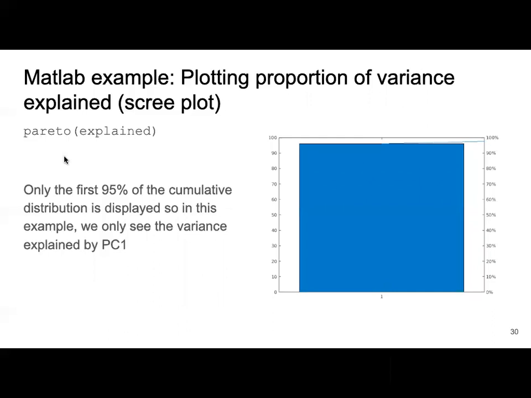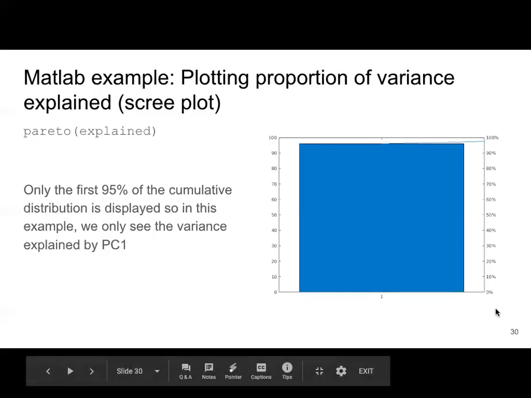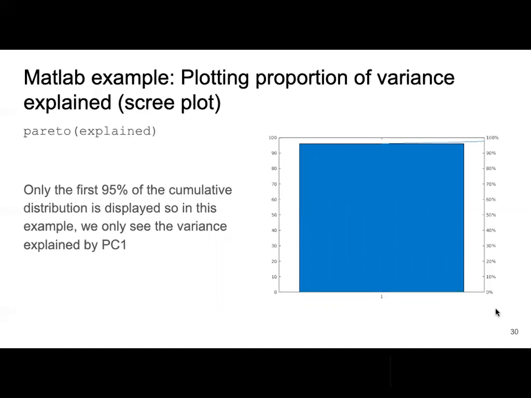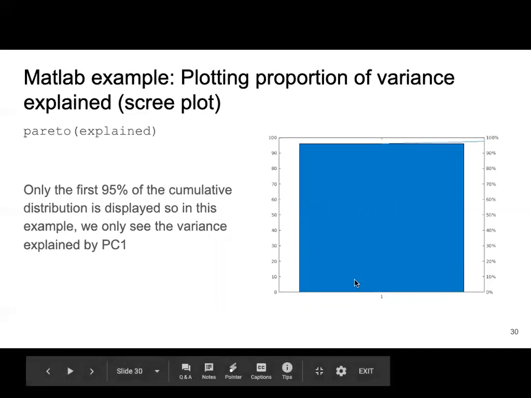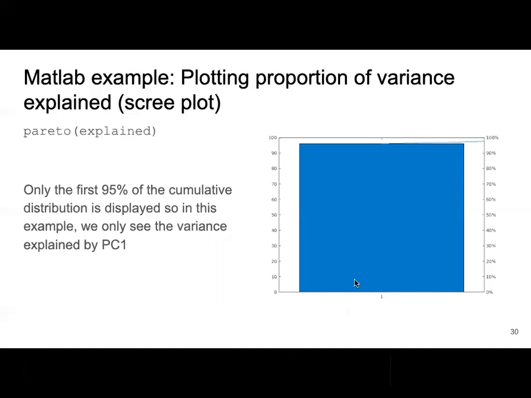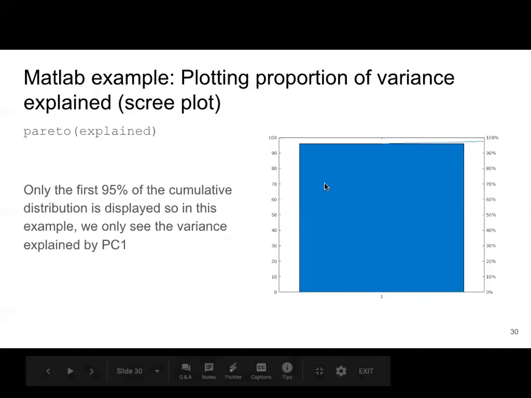What this will plot is the proportion of variance, and typically you'll see a bar for each component up until you reach 95% of the proportion of variance explained. In this example, because the first component had over 96% of the variance explained, we're only seeing it for the first component.